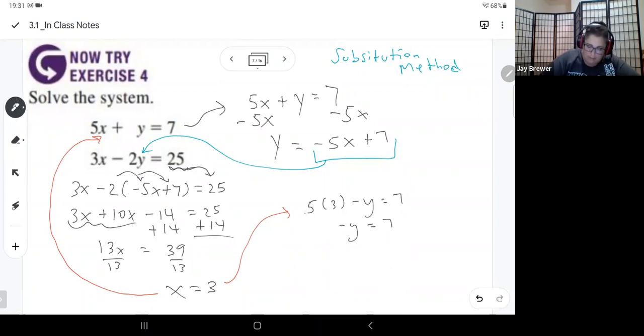My apologies. Right here is a multiplication, not an addition. So we're going to do 15 minus 15 minus 15, negative y equals negative 8. Divide by negative 1, divide by negative 1, y equals 8.